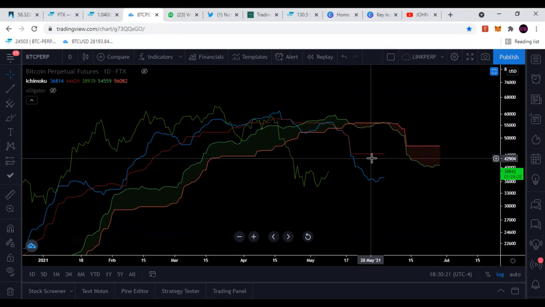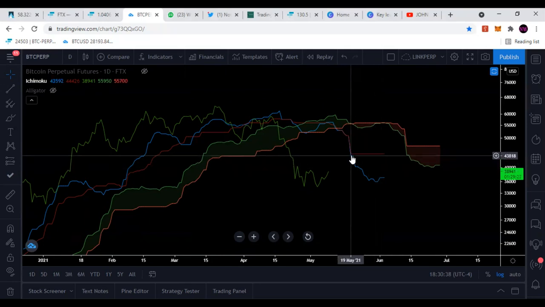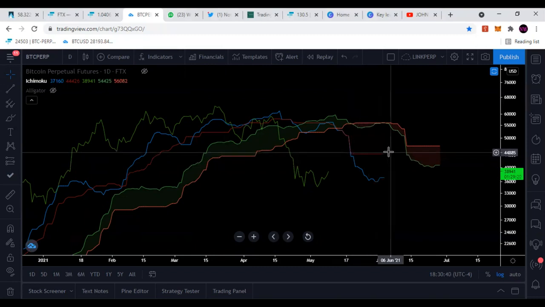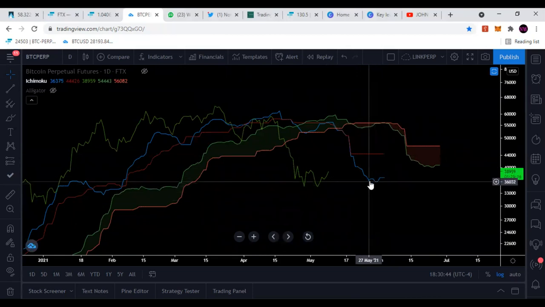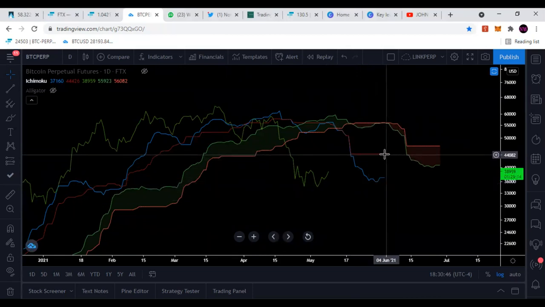What it's trying to say is price has moved very far, very fast from being at equilibrium. Normally, Ichimoku wants everything to be at equilibrium. So what you're going to see here when you get this flat Kijun is price would pull back up to test this flat Kijun.